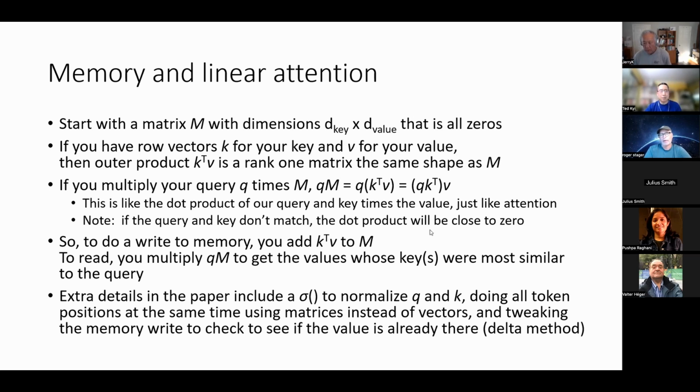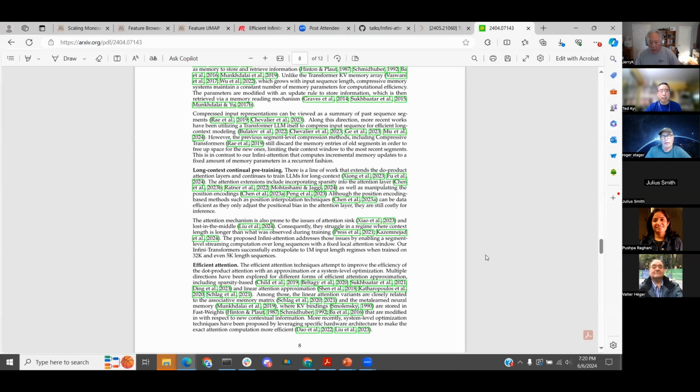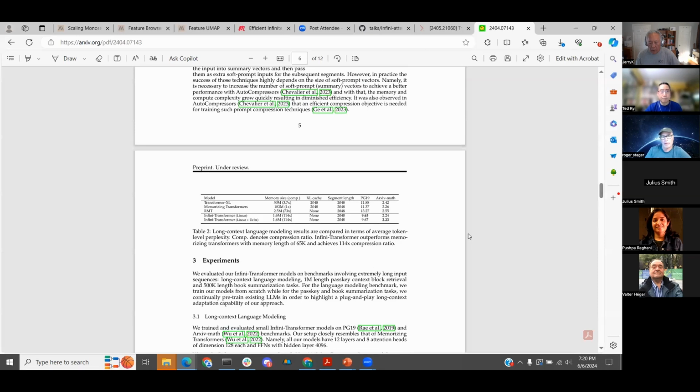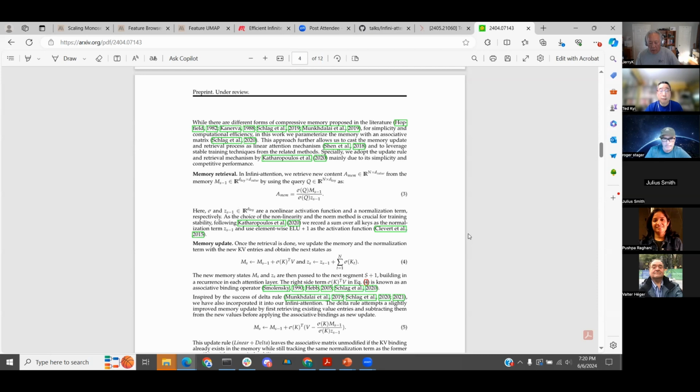Yeah, I think there was a normalization. I don't remember, but it kind of builds in a forget, is basically what it would be doing.